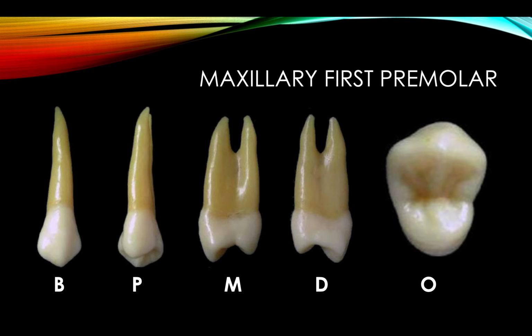Now, if you look at this tooth from a mesial aspect, you will find a distinguishing anatomical feature, a well-defined developmental groove in the enamel of the mesial marginal ridge. If you know this, you will be able to tell whether the extracted tooth that you will have to work on in the lab is a right or a left maxillary first premolar.